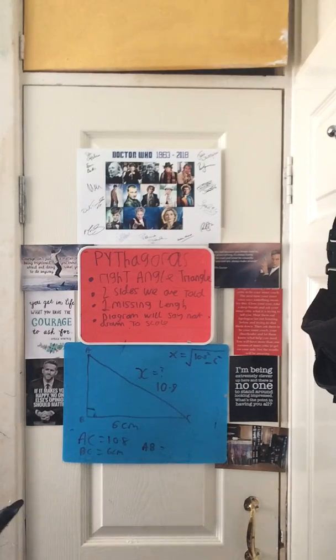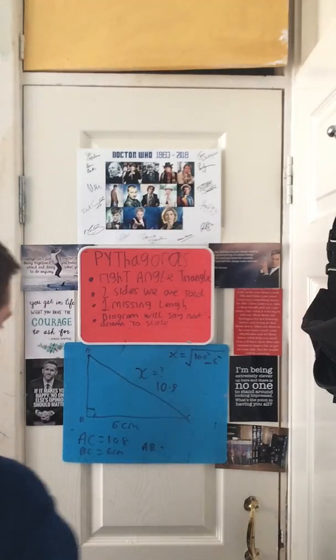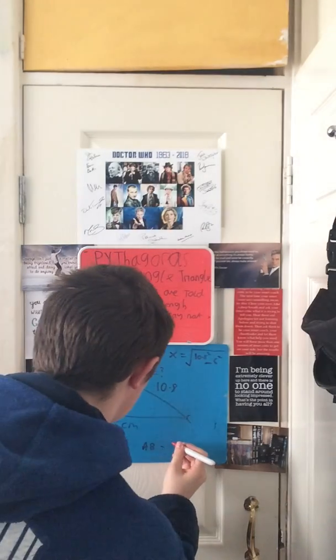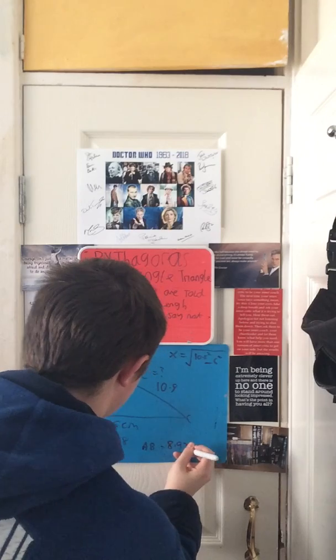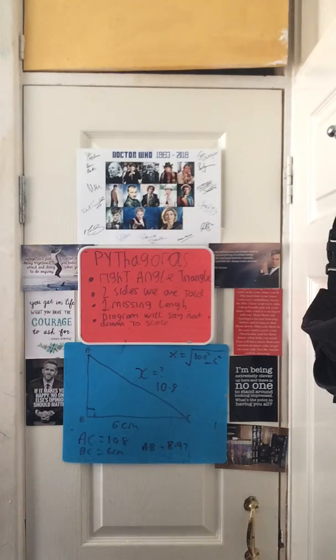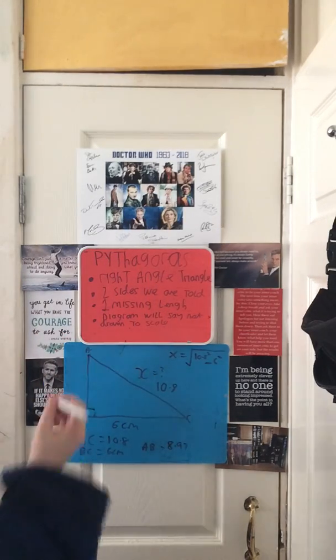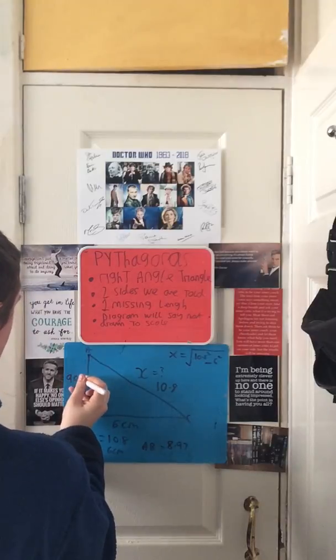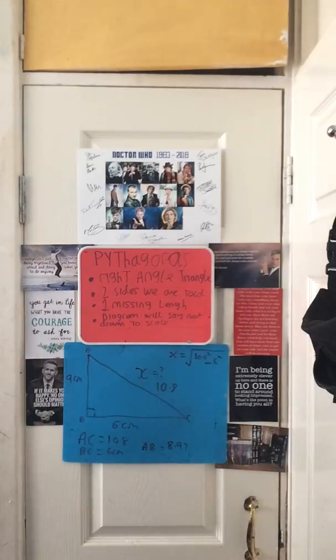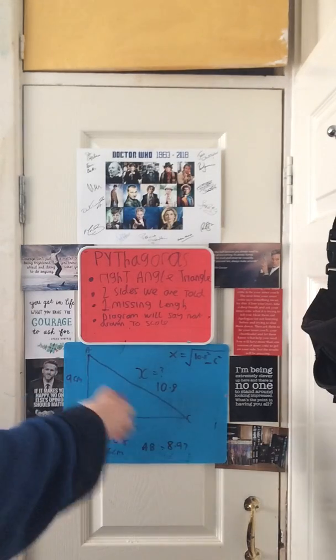If we're working out one of the smaller lengths, then it's minus, okay? So minus 6 to the power of 2, and we get 8.97. Right, so 8.97. If we have to round it to a whole number, then 9 cm. And it's what we had last time when we were working at this angle, okay?